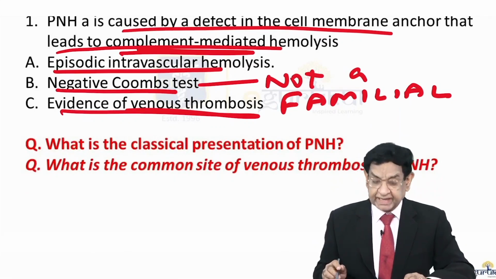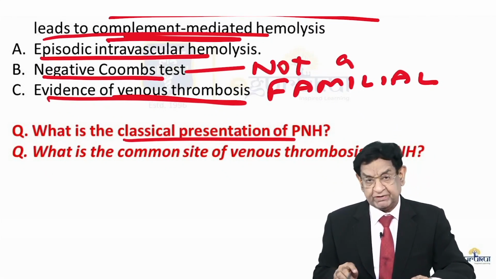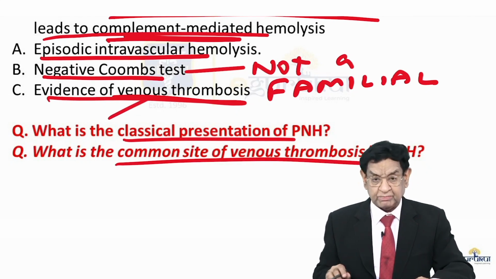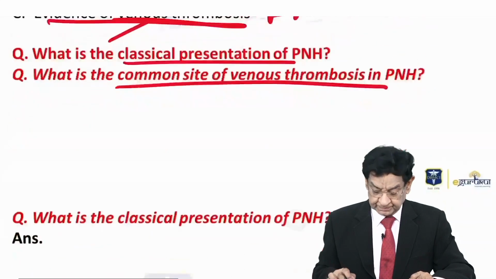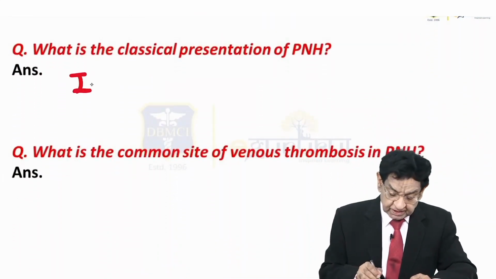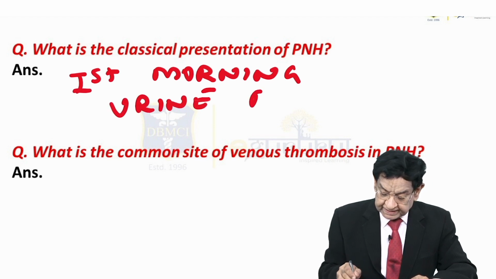Well, now again I have two questions for you. Write down the answer. What is the classical presentation of PNH, and what is the common site of venous thrombosis we just talked about? Write down the answer. Well, the classical presentation of PNH is that the first morning urine sample is black or dark colored.